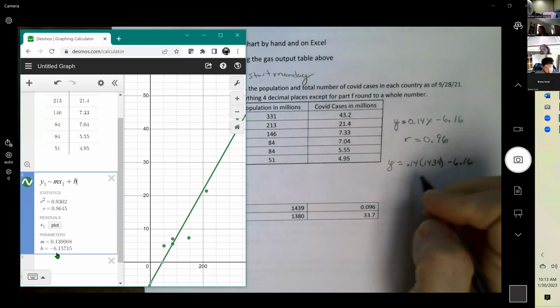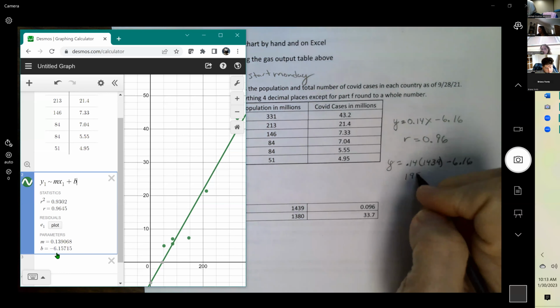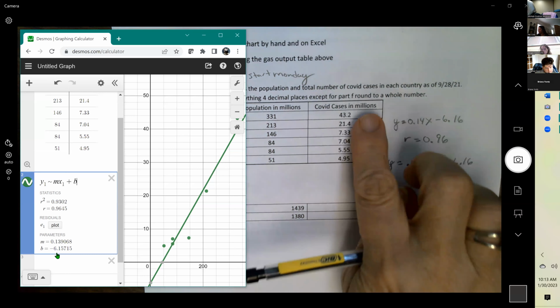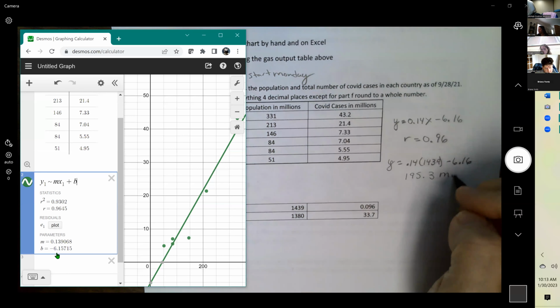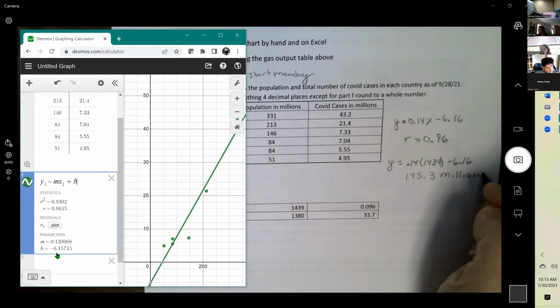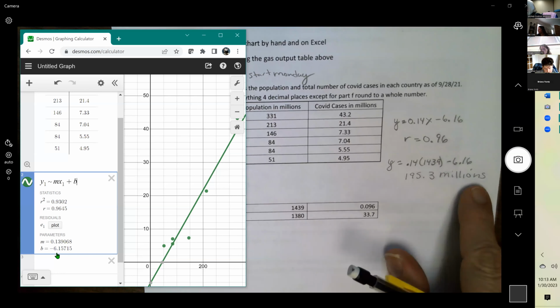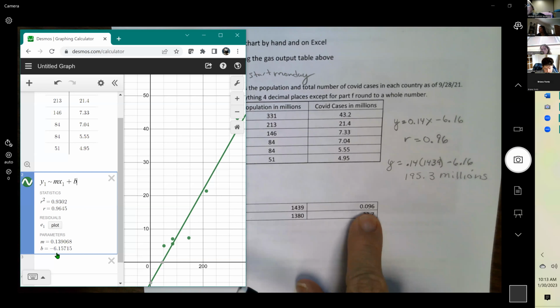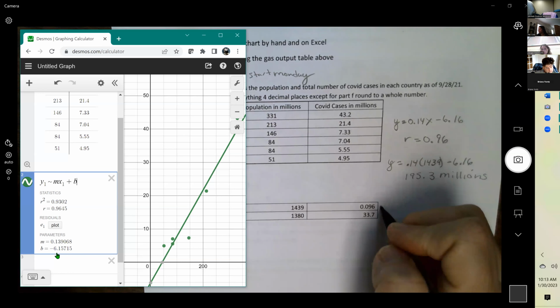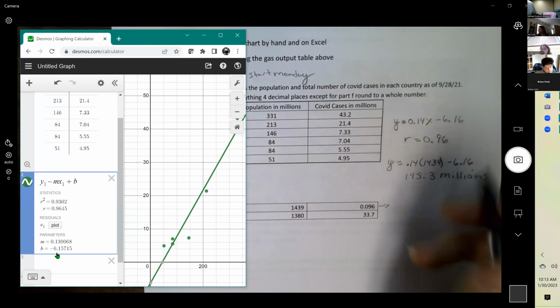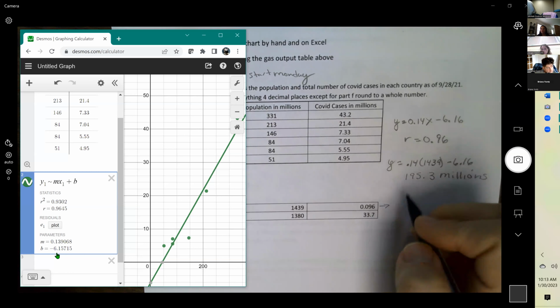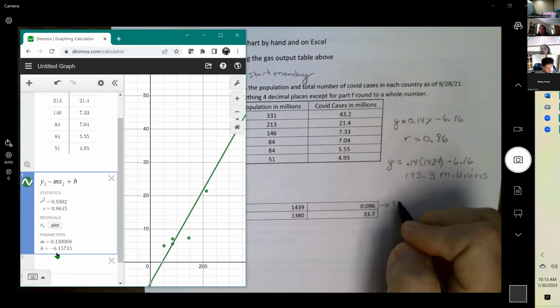Notice that we're getting 195.3 and it was in millions. So for their population, they should have 195.3 million. And notice they don't even have a million. If you times it by a million, 1, 2, 3.